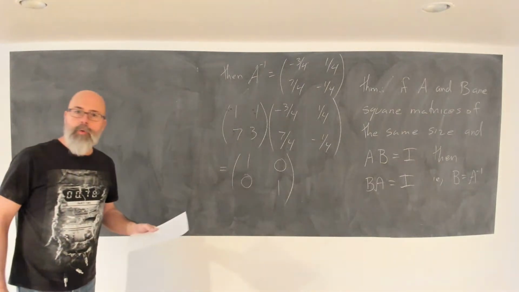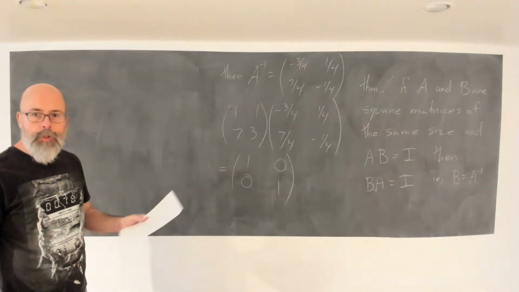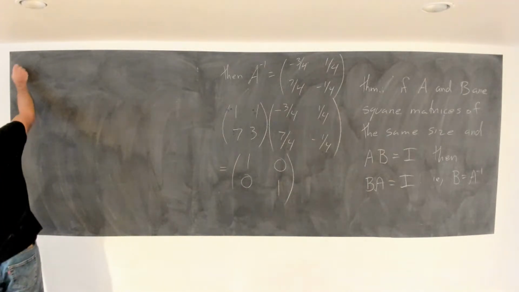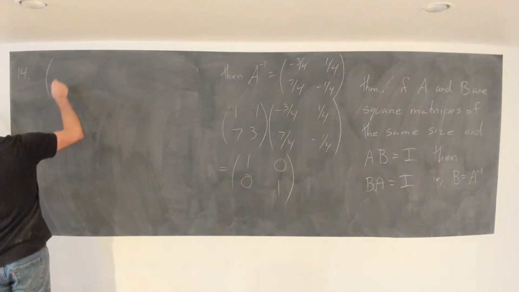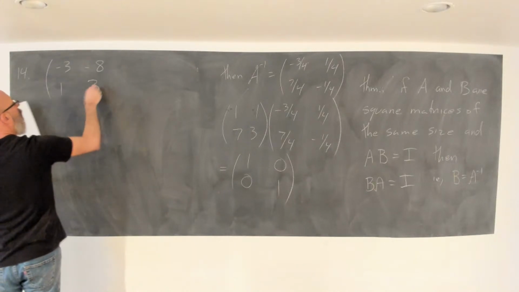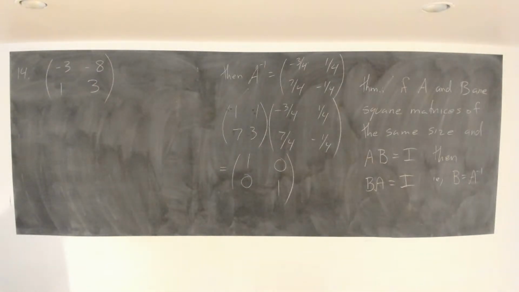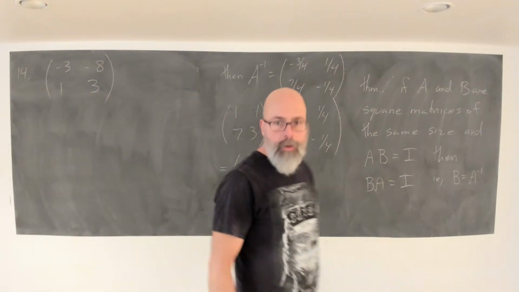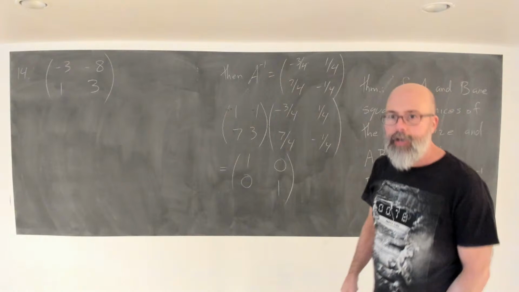How are we doing here? Questions? Shall we do a few more? The identity times A is just A, absolutely.